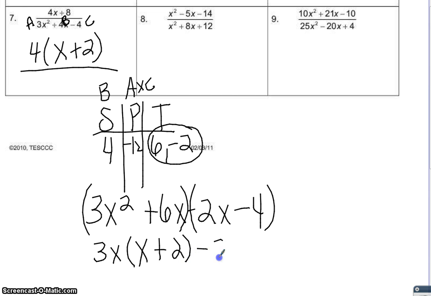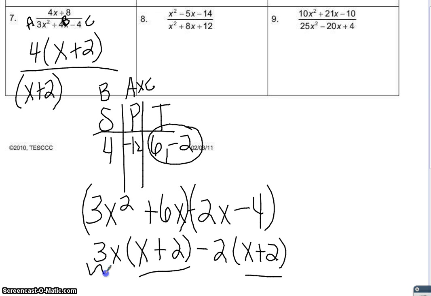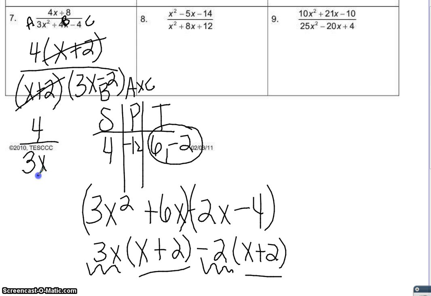And in my second group, I factor out a negative 2, and I'm going to have x plus 2 left. Remember, if my two parentheses match, that's one of my terms. So I'm going to have an x plus 2. And whatever's left, which is my 3x and my minus 2, I put those together to get my second term. So my x plus 2's cancel, and what I'm left with is 4 over 3x minus 2.